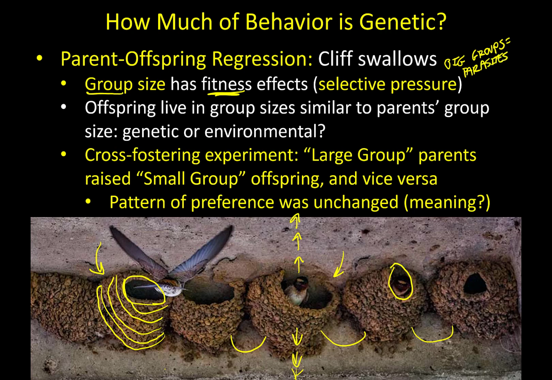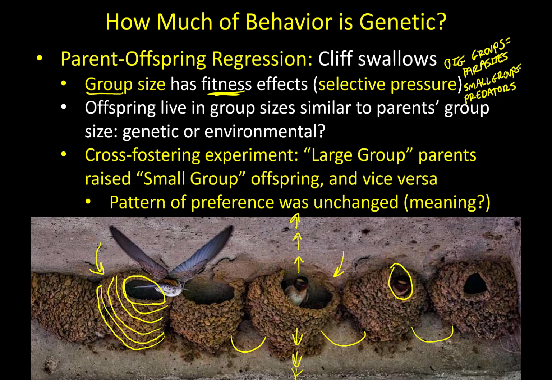Parasites spread easily among densely populated groups of cliff swallows, and they can have major effects on swallow health, and they can even kill chicks as they're developing. But small groups, while they don't have the problem with parasites, do have a problem with predators. Predators are more likely to attack small groups because they have fewer defenses, and small groups can be wiped out by predators. So there are pluses and minuses to living in big groups or small groups. There are advantages and disadvantages to both.